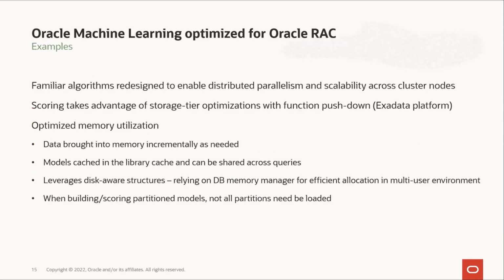So Oracle Machine Learning is the only machine learning toolkit specifically designed to take advantage of the real application clusters and Exadata platforms. Optimizations include in-database algorithms that leverage distributed parallelism and scalability across cluster nodes. Both Autonomous Database and on-premises Oracle Database instances reap these benefits.